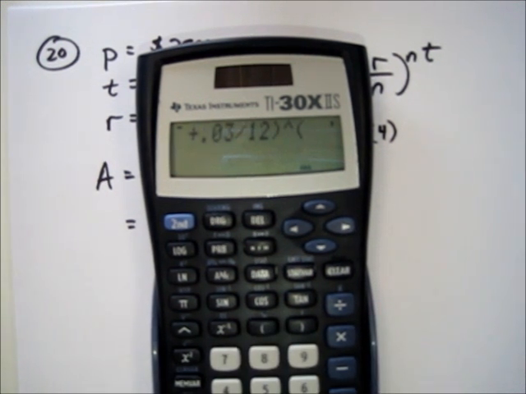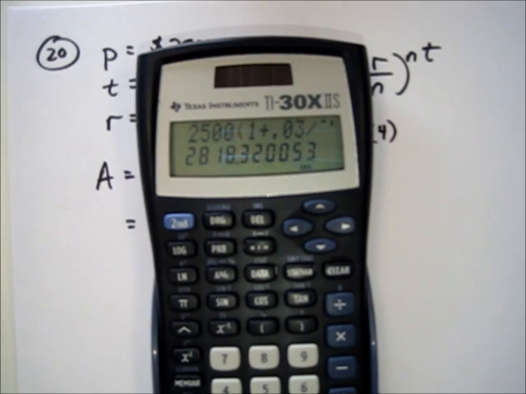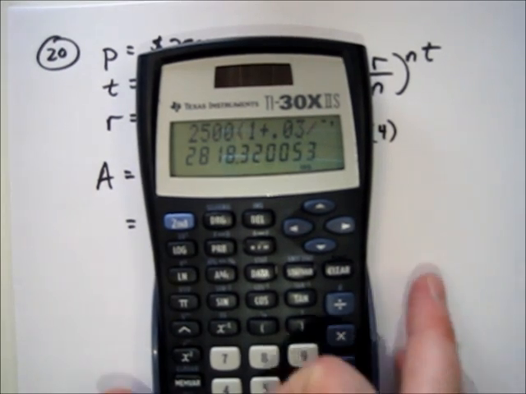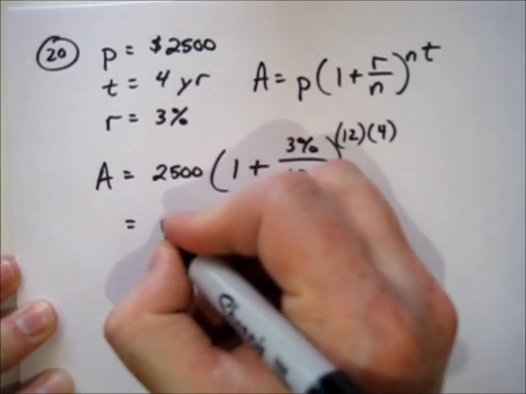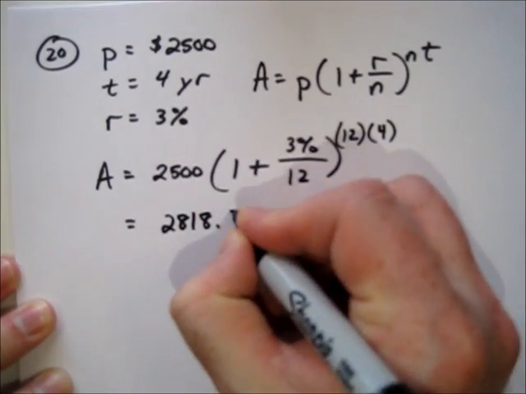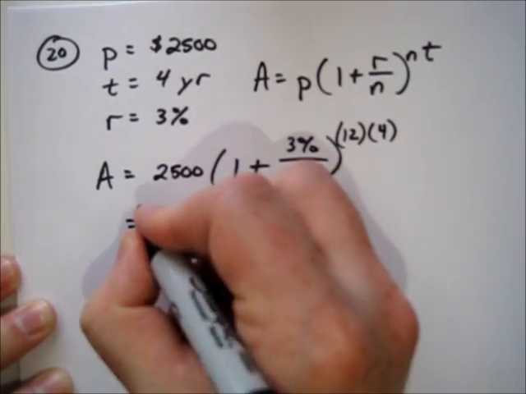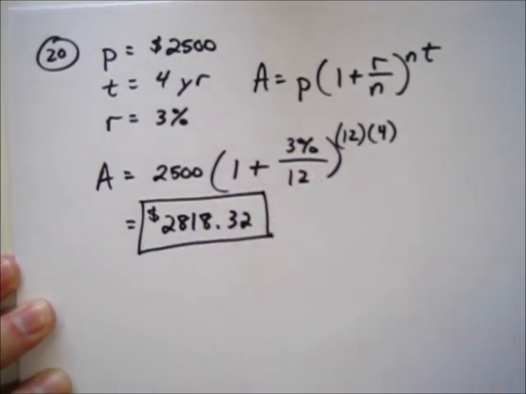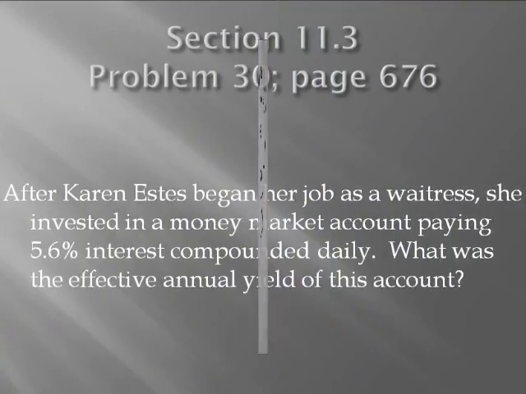You're going to want to open another set of parentheses for the exponent, 12 times 4, and close your parentheses. Finally, hit enter, and we get 2,818.32. And that's the answer to problem 20.